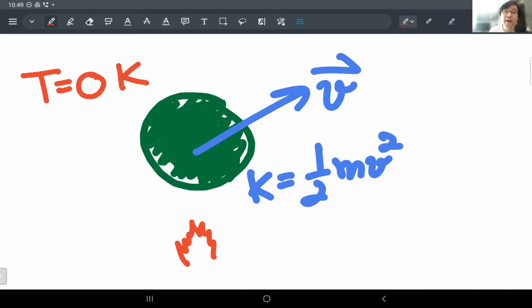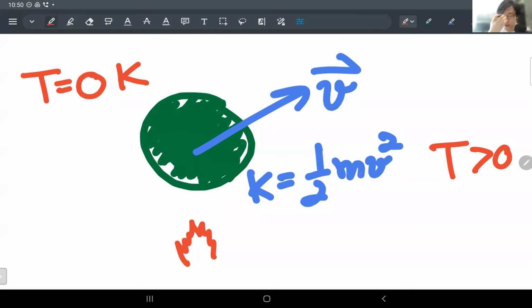So when the particle does not have any energy, like your friend just said, that's where you are at 0 Kelvin or absolute 0 temperature. Does that make sense now? So once it's moved, it will represent greater than 0 temperature.